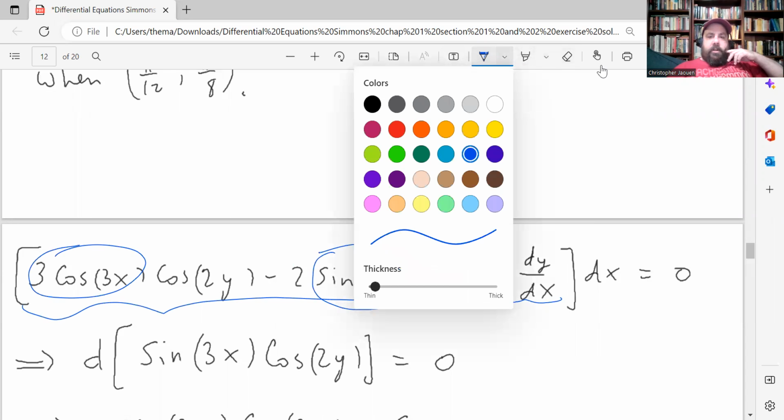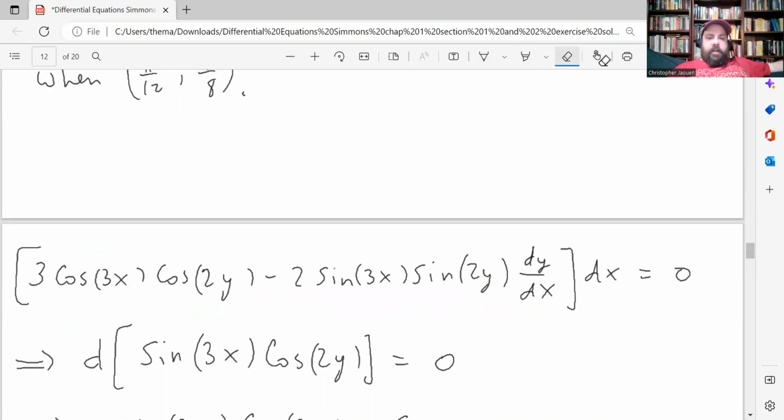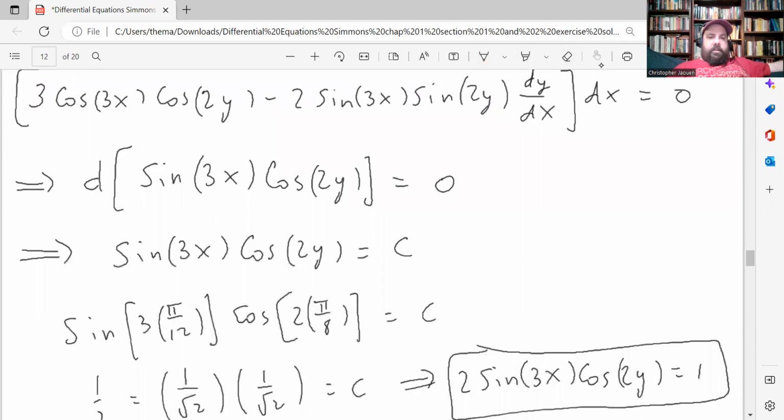And let me change the color. This part here, the negative 2 sine 2y, is the derivative of cosine 2y. So it looks like we just applied the product rule, right? So you can rewrite this as the differential of that product of functions.